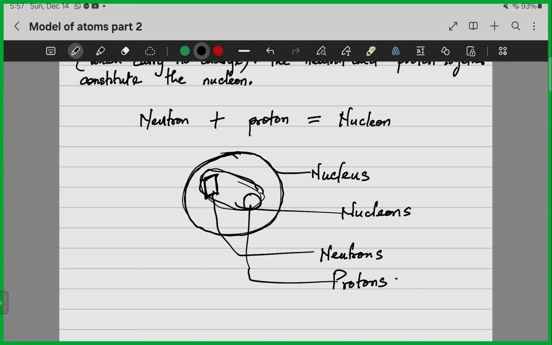Just take note of that: the nucleus is made up of nucleons, and those nucleons are simply neutrons and protons.